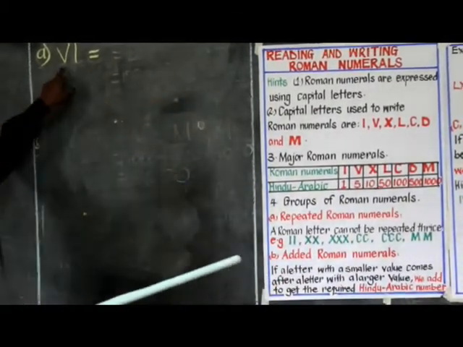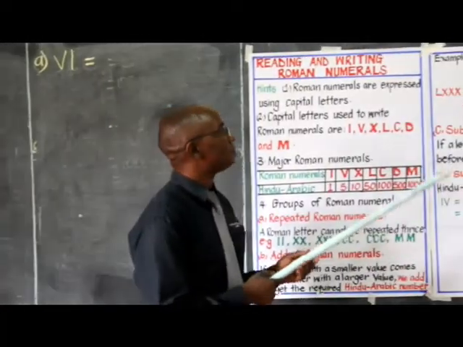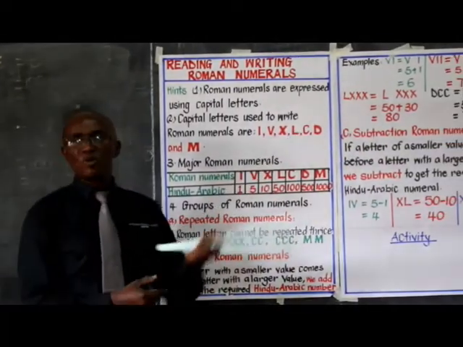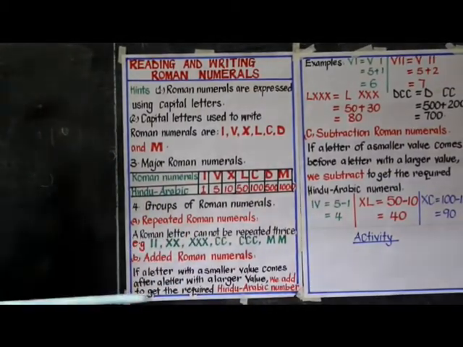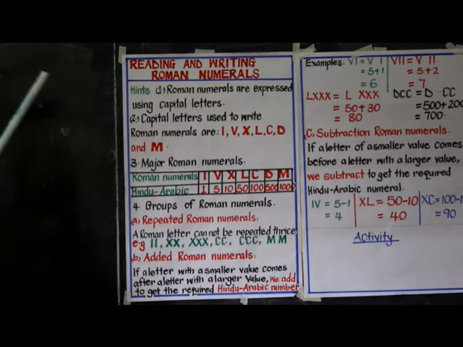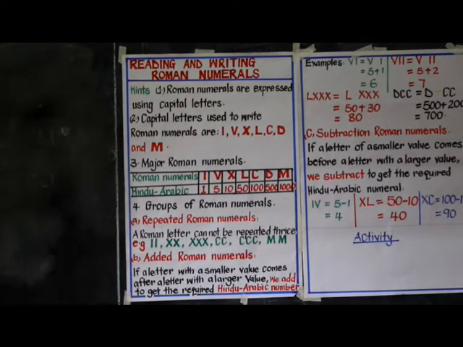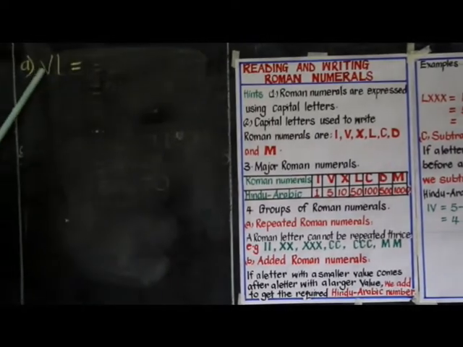Now you realize that if a letter of a smaller value is written after a letter of a higher value, it means you are to add to get what they mean by what you have been given in Roman numerals. For example, when you look at V, V is of a higher value than I. Why?